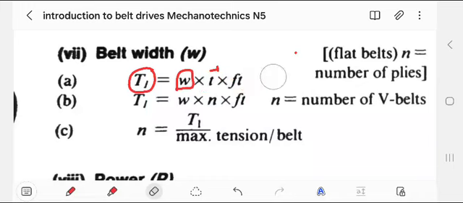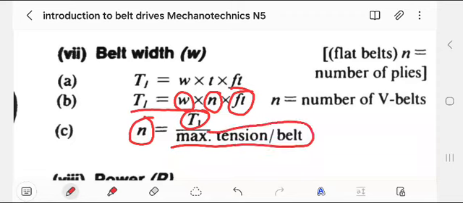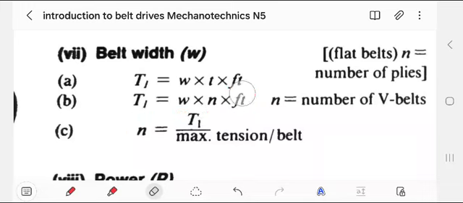You will see as we do some examples. T1 is width times the number of plies times the allowable tension. Then the number of plies is equal to T1 over the maximum allowable tension of the belt. So N is the number of plies.